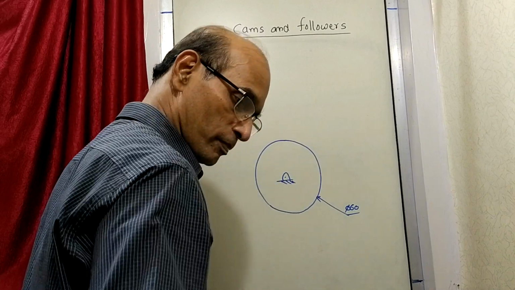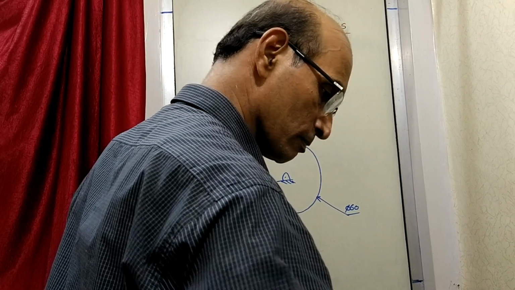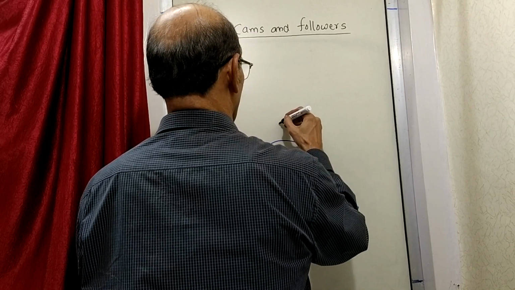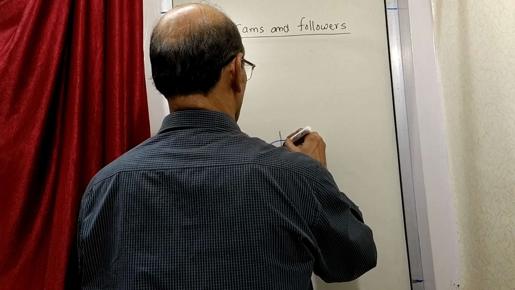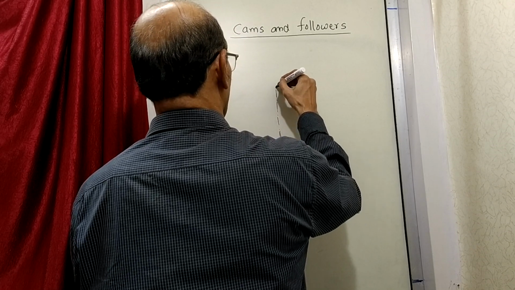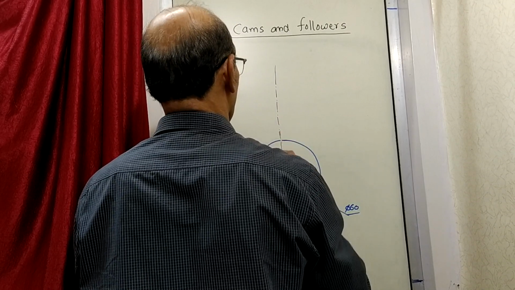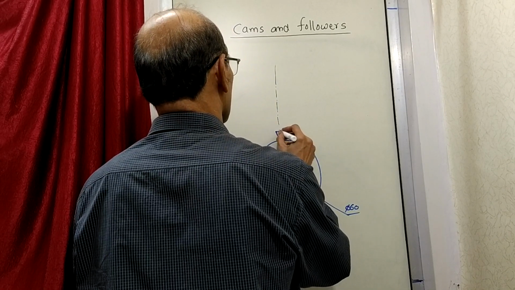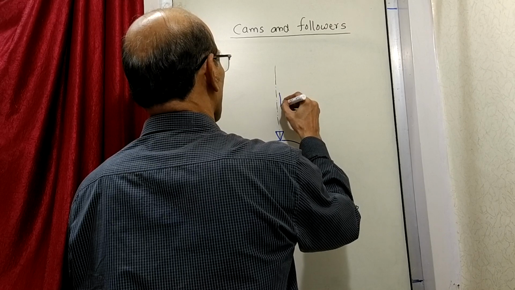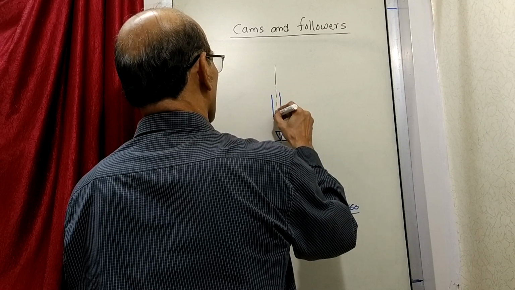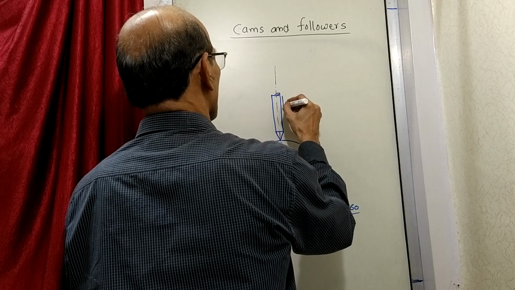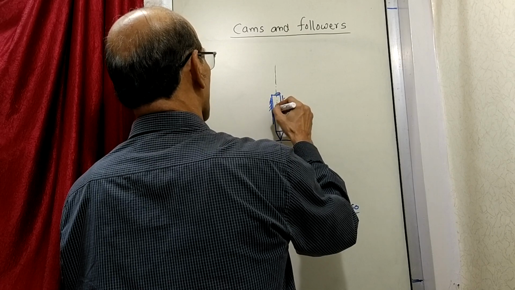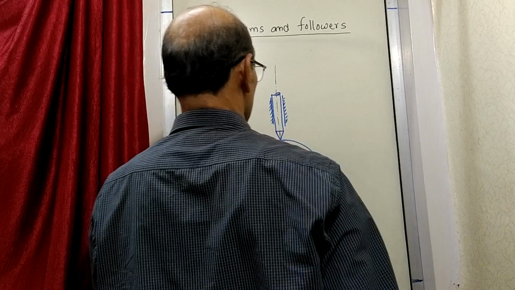I'll draw some reference line like this, and this is the follower, which is a knife edge follower, and is the starting point.